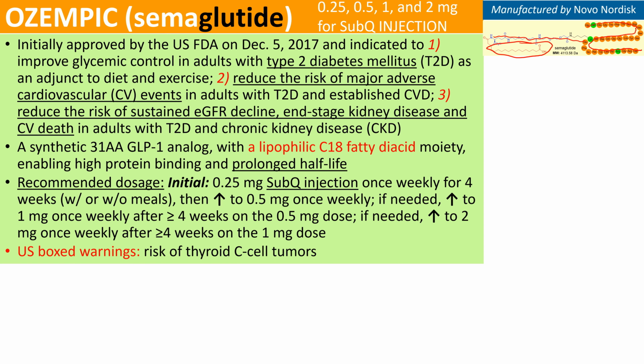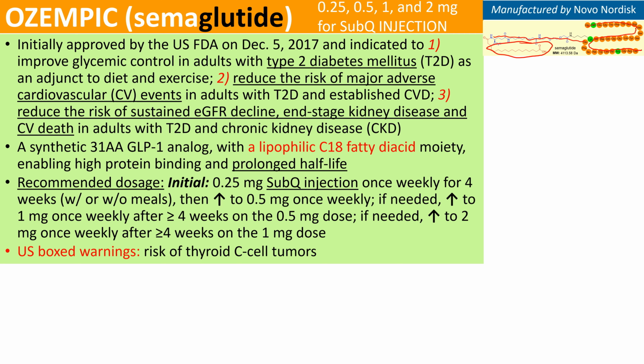This medication is available as 0.25 milligram, 0.5 milligram, 1 milligram, and 2 milligram for subcutaneous injection. Recommended dosage, initial dosage 0.25 milligram, subcutaneous injection once weekly for 4 weeks with or without meals.